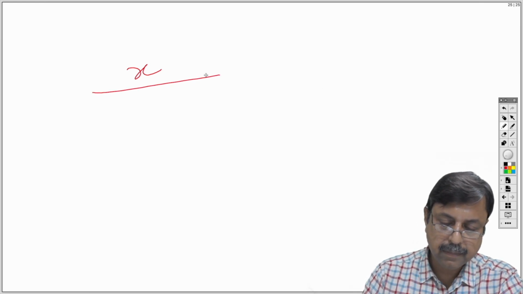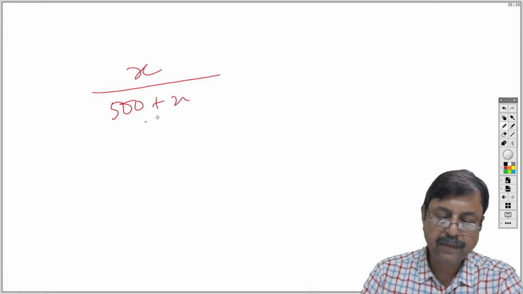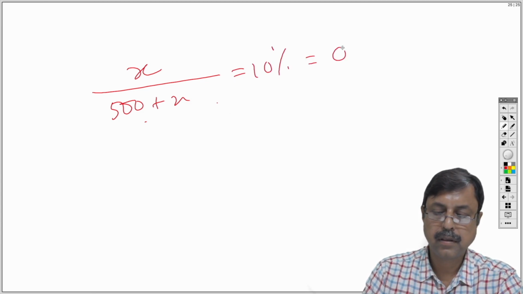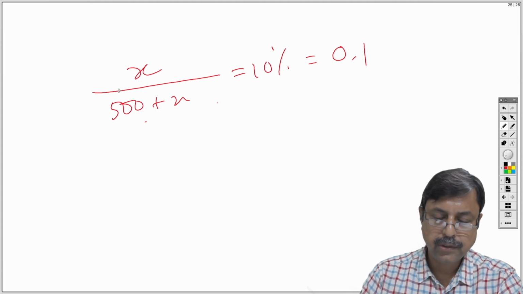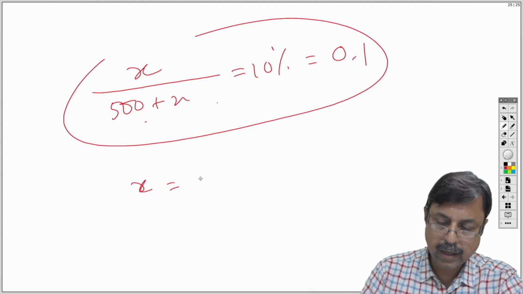That means X by (500 plus X), because 500 is the solid amount, will be 10%. So you just calculate it. X is equal to 50 plus 0.1X.